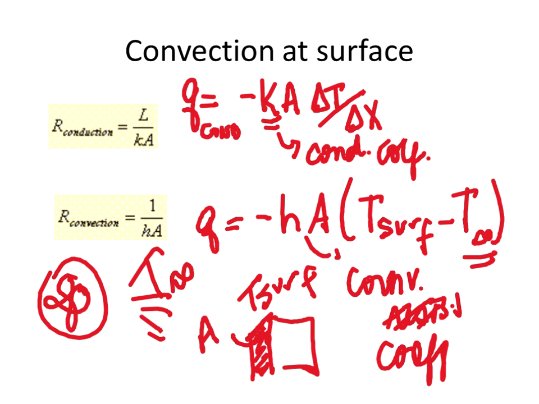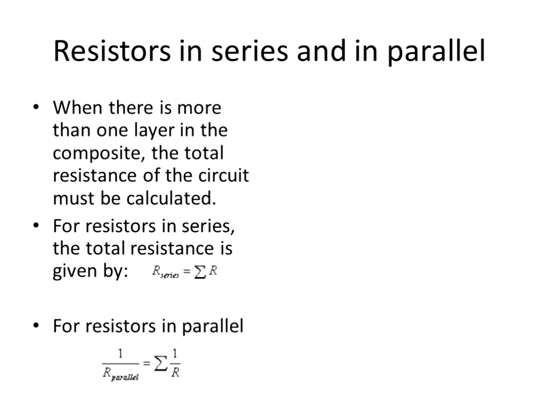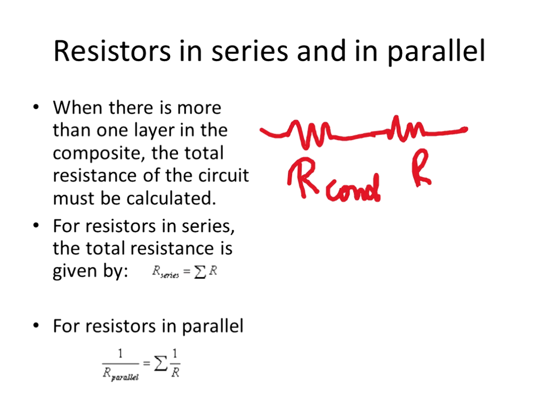So then we have the thermal resistance due to conduction, and thermal resistance due to convection. So we do have resistors in series and in parallel, the same way that we did for electricity. So if I have a resistance due to conduction, then I express it like that, and then I have a resistance due to convection.